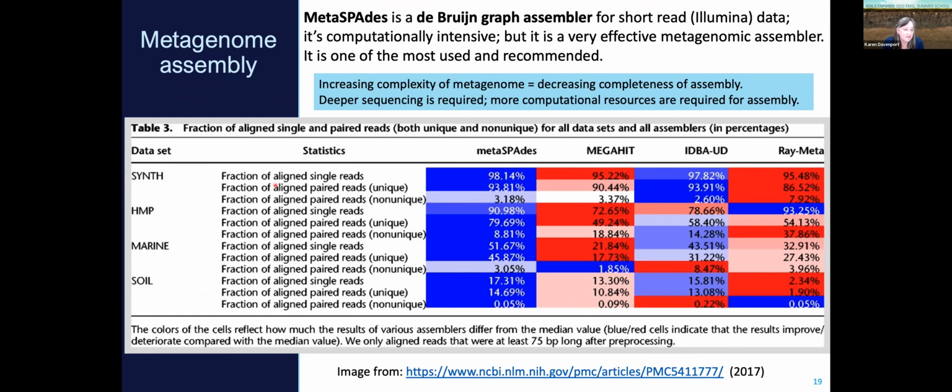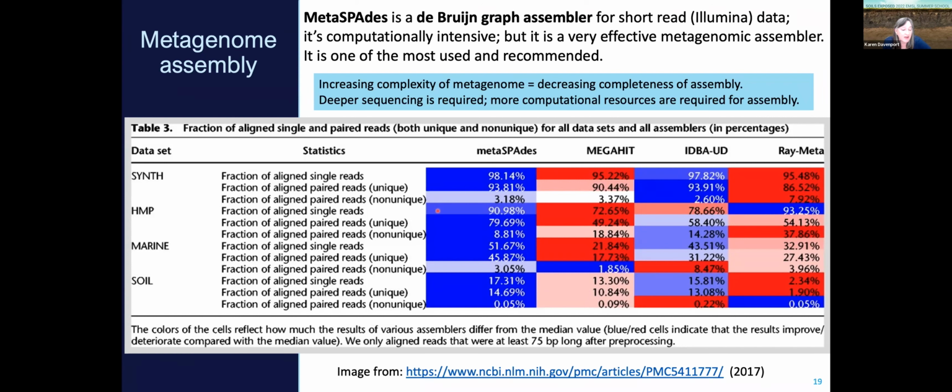If you look at the fraction of reads aligned back to the assembly, we can use this percentage as an estimation, a kind of rule of thumb about how well the data assembled. You can see with this least complex metagenome here that all of the assemblers hit the mid to high 90s, or at least 90s, for the fraction of reads that map back to the assembled contigs.